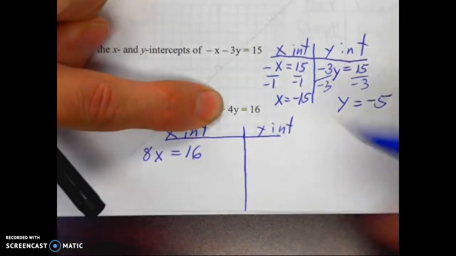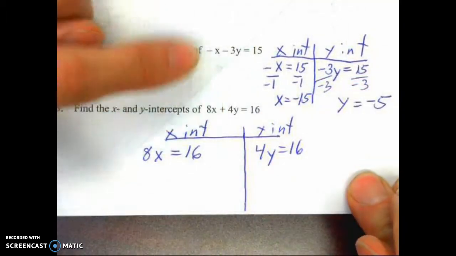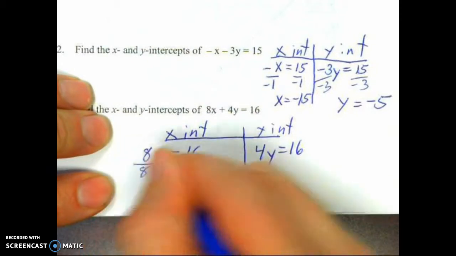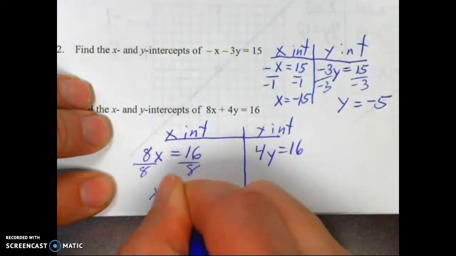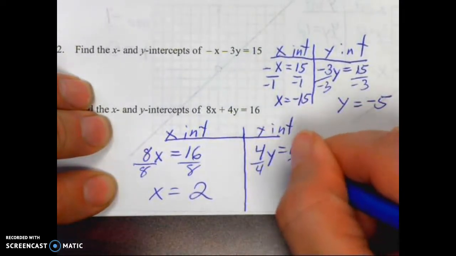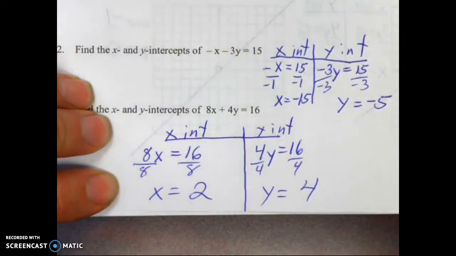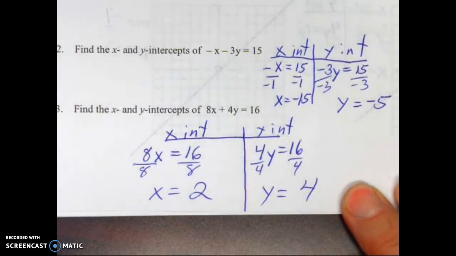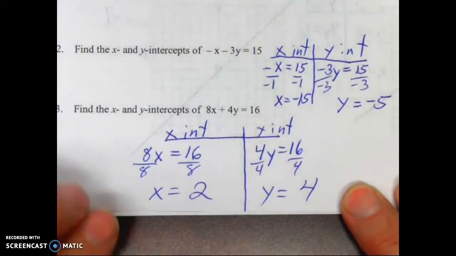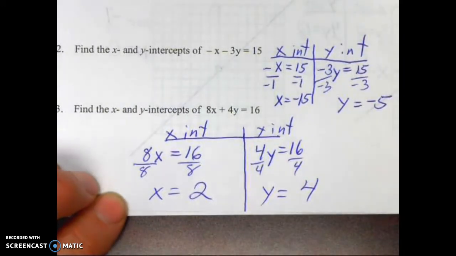So that's 4y equals 16. And then I just do my little division. Divide by 8. This x is 2. So my x-intercept is 2. And over here, I divide by 4, and my y-intercept is 4. Okay, so again, you do have to watch out for positives and negatives on all of these. You got to make sure that if it's the x-intercept, you put it in the right spot in the answer key.